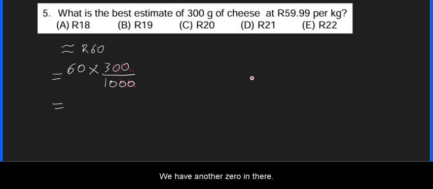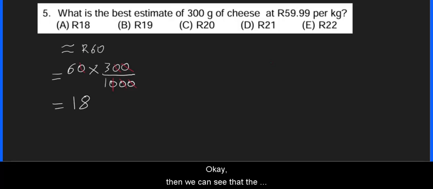We have another 0 in there, that 0 will cancel that 0. So we have got 6 times 3 over 1, which is 18. Then we can see the answer will be A, because we are approximating 18 rand. So that is one way of doing that.